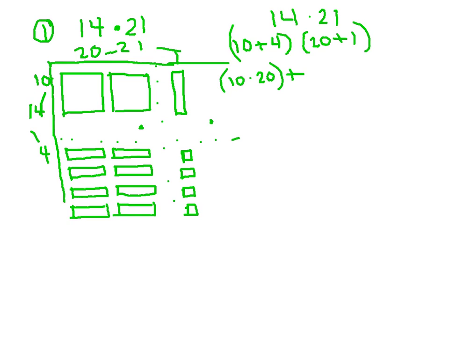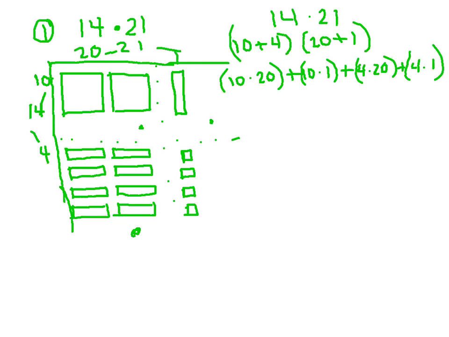And then in the next array, I have 10 rows of 1. And then in the array down here, I have 4 rows of 20. And then I have 4 rows of 1.